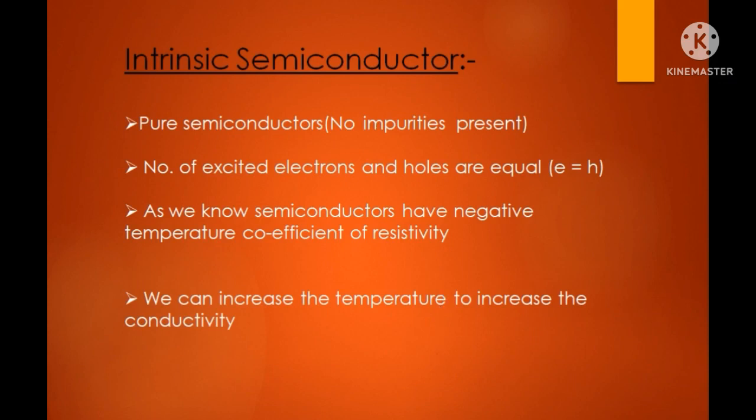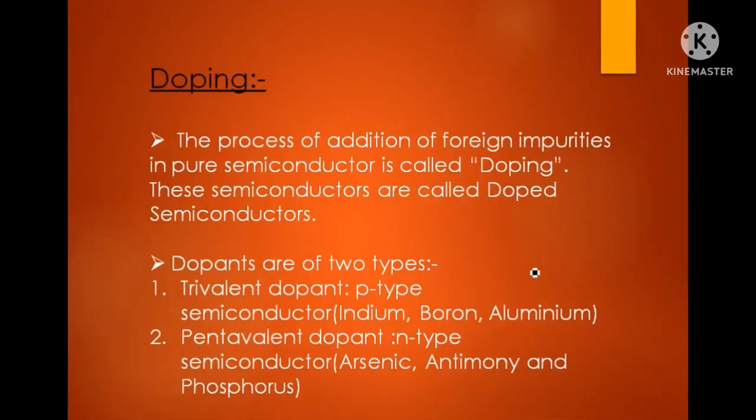For the second kind of semiconducting material, we will discuss a small concept, that is doping. What is doping? This is a process of adding foreign impurities into a pure semiconductor. If we add some foreign impurities in a pure semiconductor, that is called doping. The impurities may be different materials or different atoms.